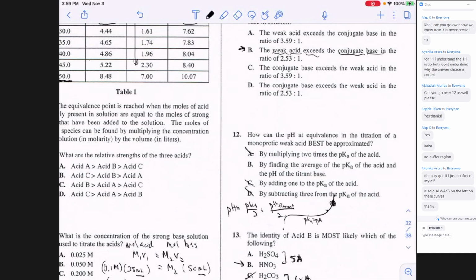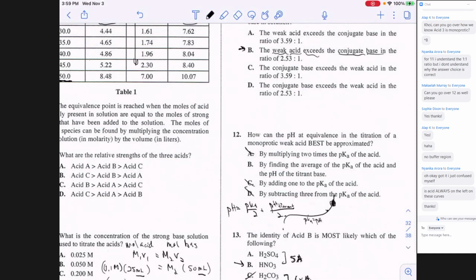Okay. I think I was just confused because, is this an equation that we should know, or is this solely because of that? Yeah, if you have a monoprotic acid, you can use the pH of the titrant to solve this. This is one of those GChem textbook answers. You really don't need to do this.